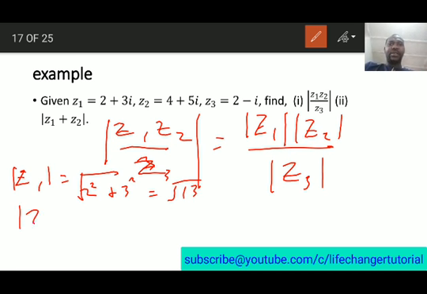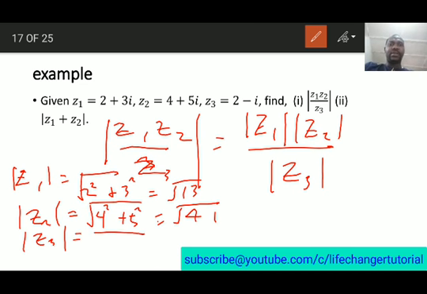The absolute value of z2 is the square root of 4 squared plus 5 squared, that is 16 plus 25, which gives us 41. Then the absolute value of z3 is the square root of 2 squared plus 1 squared. Even if you say minus 1 squared, it's the same thing. So that is the square root of 4 plus 1, which is 5.